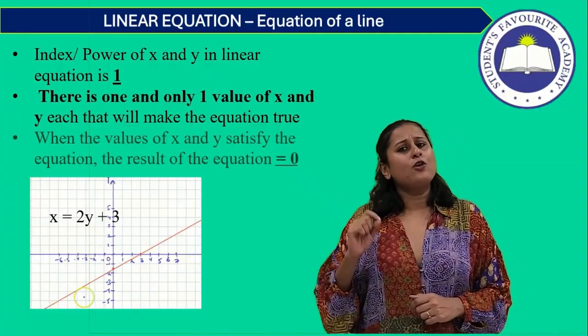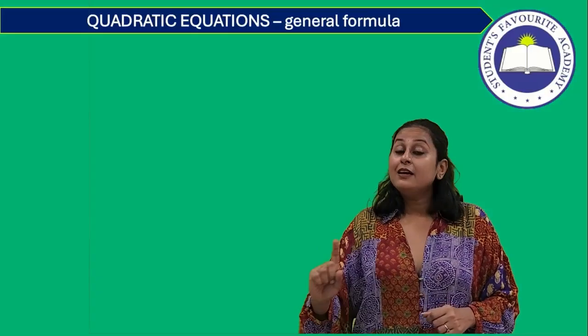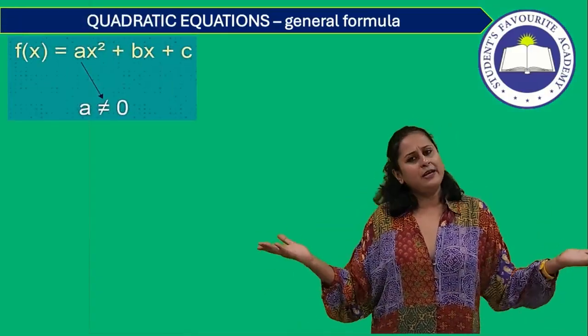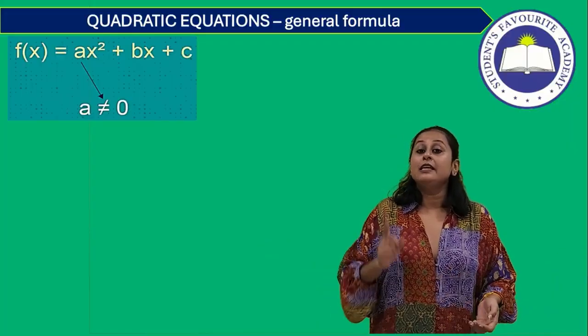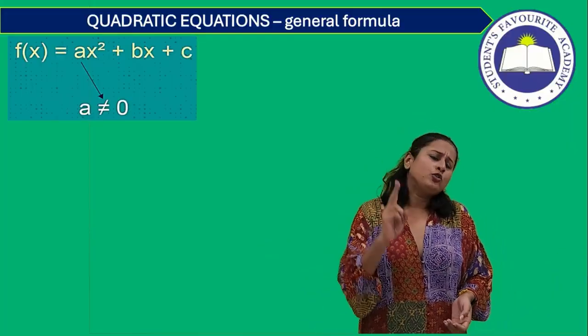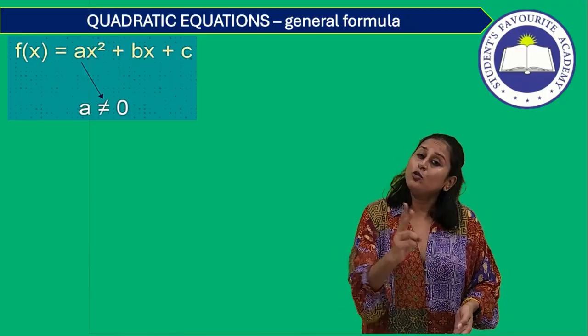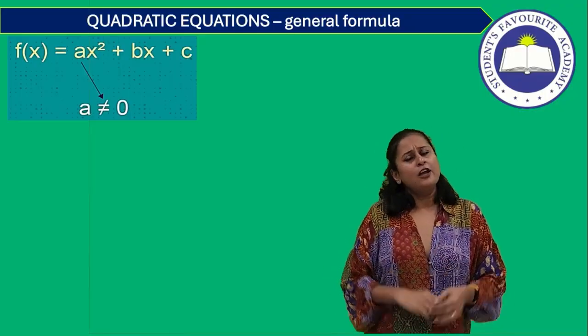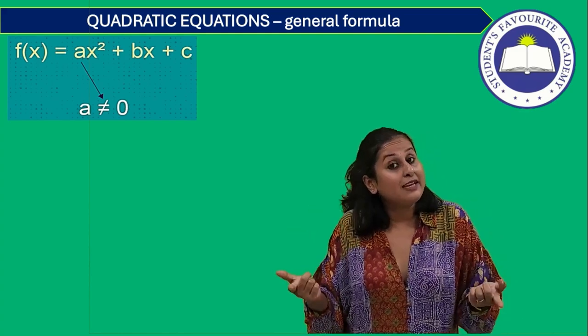When we talk about a quadratic equation, the power of x or y or any variable in the equation is 2, which means there can be a maximum of 2 possibilities or 2 values of x that satisfy that equation. What does it mean to satisfy the equation?